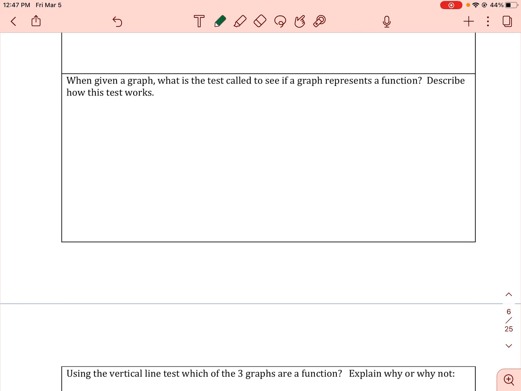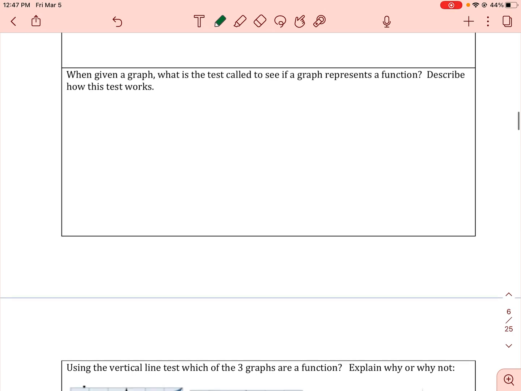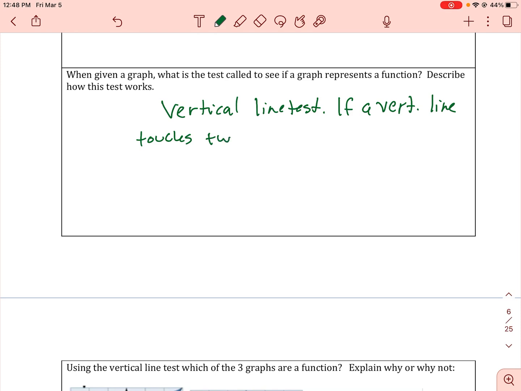When you're given a graph, there's a test we can use to see if a relation is a function, and that is called the vertical line test. So if a vertical line touches 2 points on the graph, it is not a function.